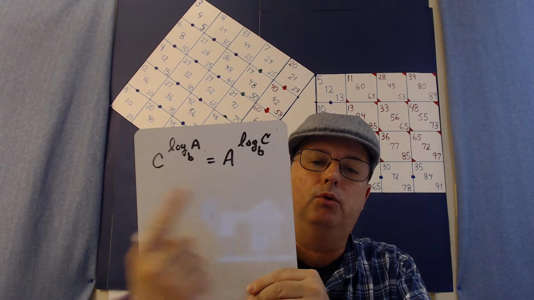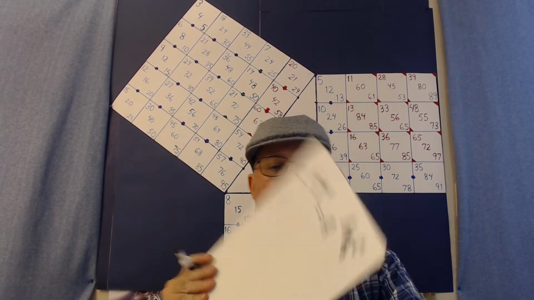And then you say, oh, you know what, I'll just take the log of both sides, in fact I'll just take the log base b of both sides. So log base b of c to the log base b of a, and I'll take the log base b of the other side.